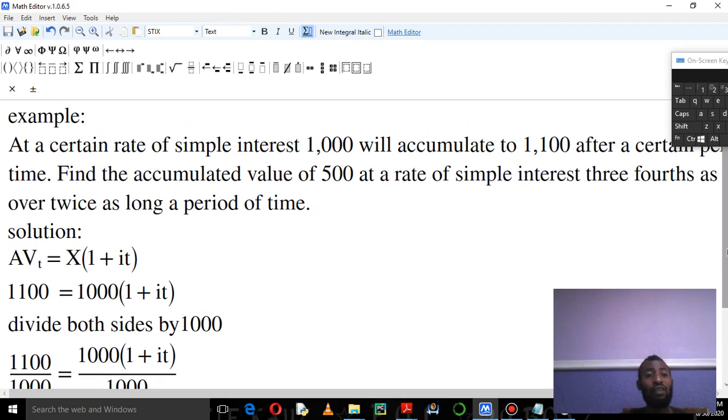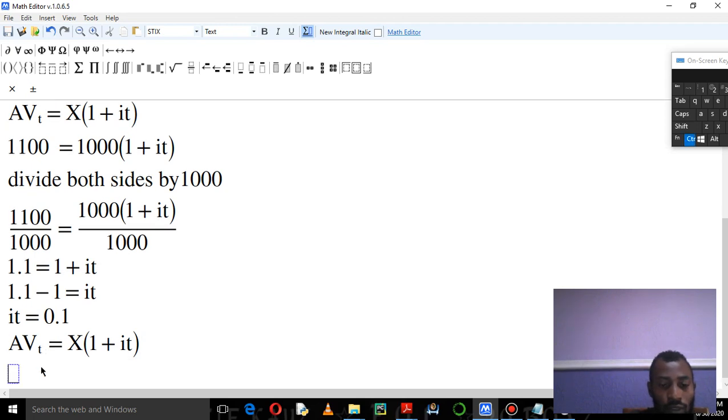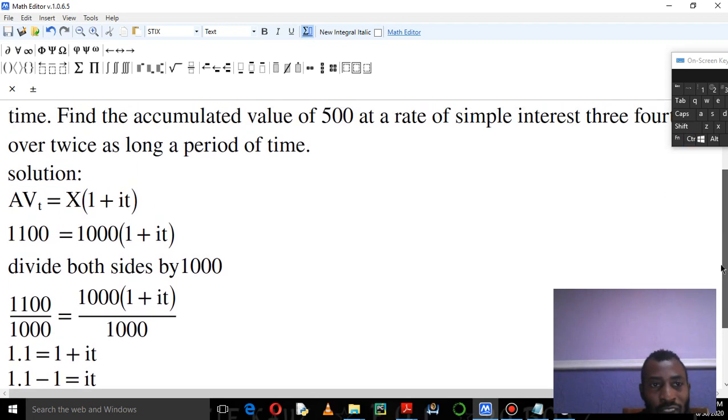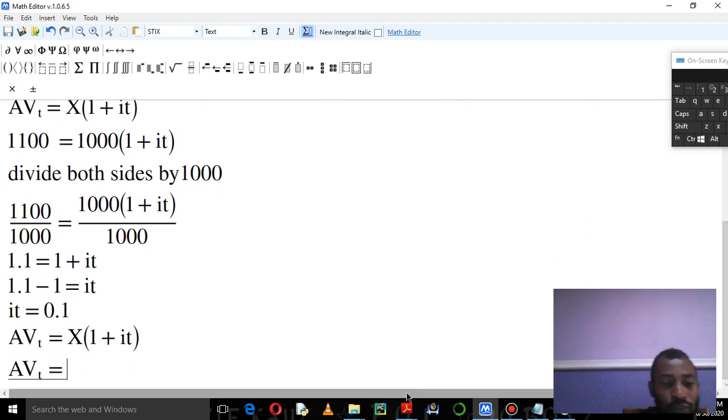So for the second part of the question, we are not given the accumulated value. So we have our AVT equals X. In the question, our X is 500.